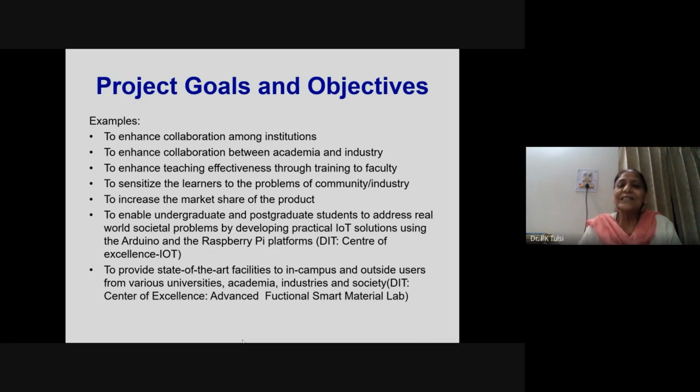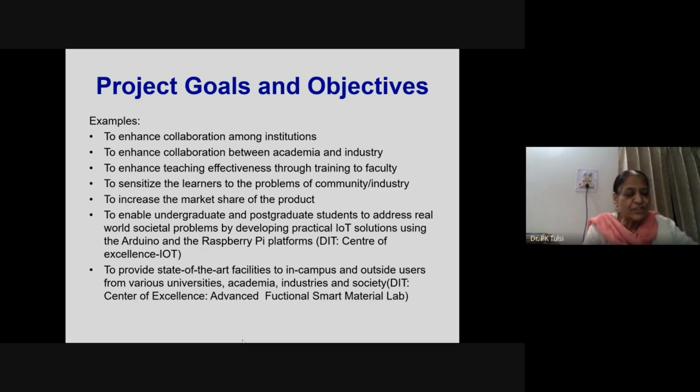Then, to enhance teaching effectiveness through training to faculty, or to sensitize the learners to the problems of community and industry. Maybe you take up a small project or assign a project to your students to go to the community, identify the problems being faced by them, and then out of the problems listed, try to find those which are related to their own discipline.